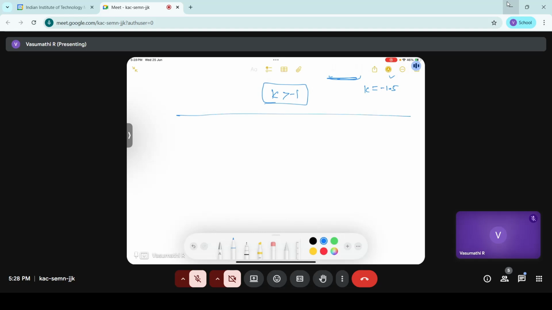The next question is, I will give a similar problem and let you solve this one, and we can discuss the answer.